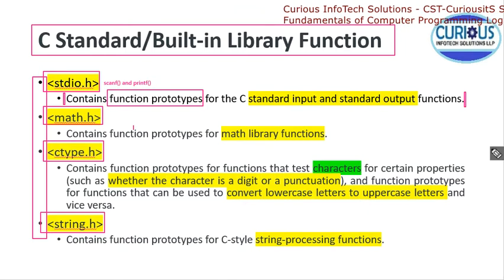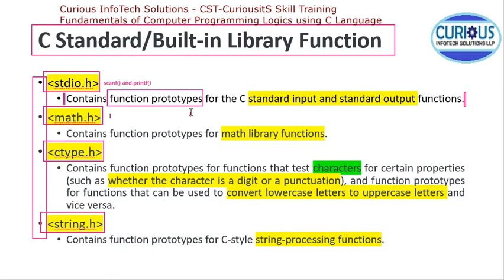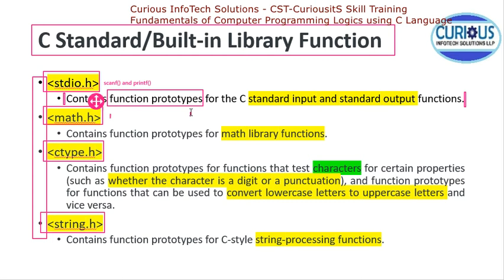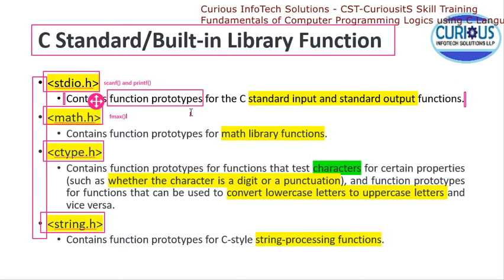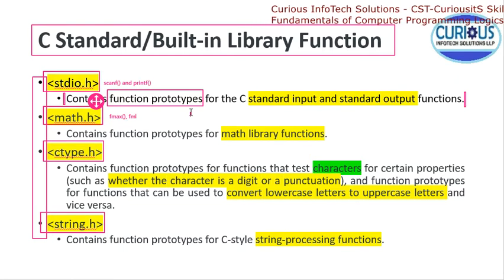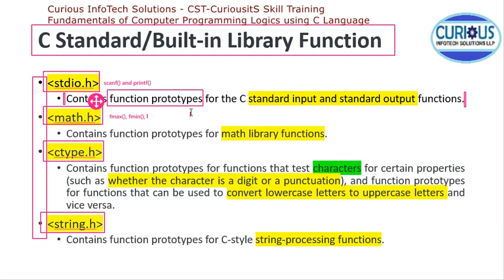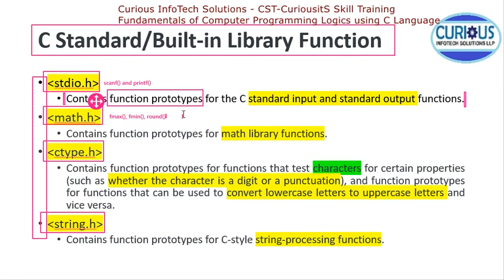For example, we have fmax function to find the max of two numbers, fmin to find the minimum, and rounding your given number.